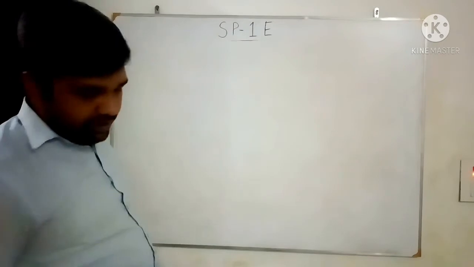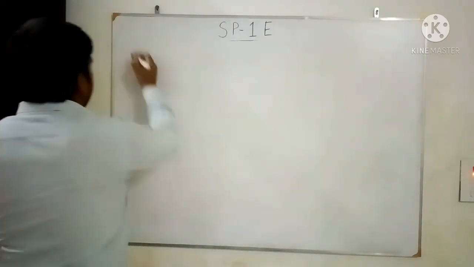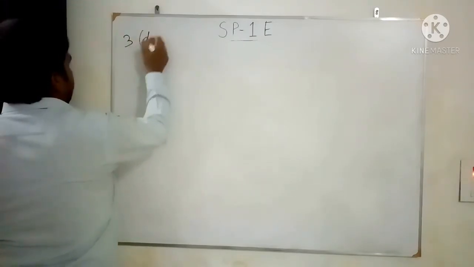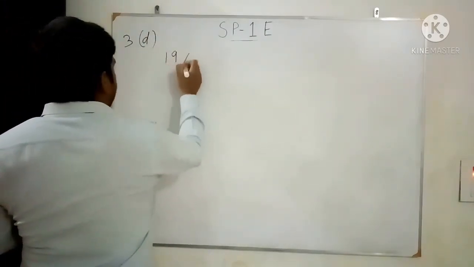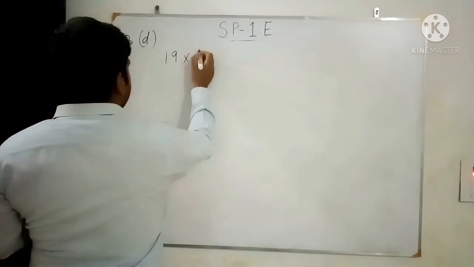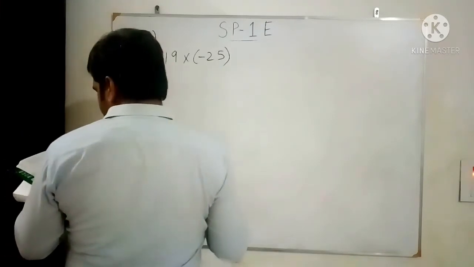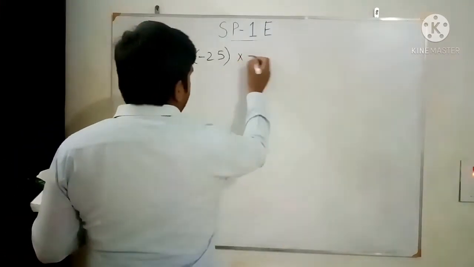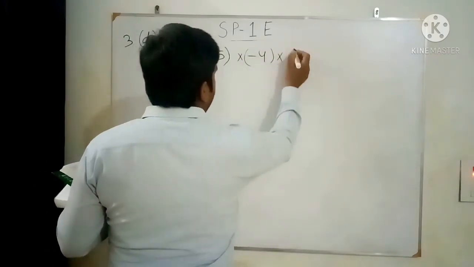Now we see question number 3, part D: 19 multiply minus 25 multiply minus 4 multiply minus 8.